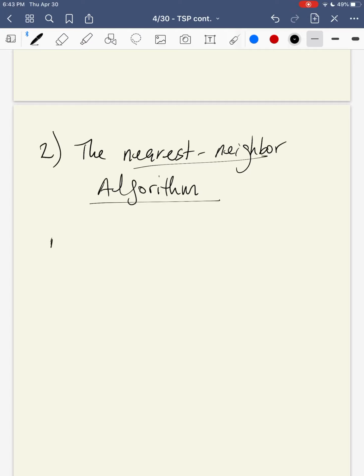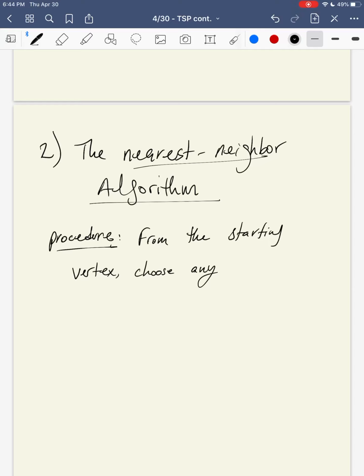So this one, the procedure: from the starting vertex, choose any neighbor. And from there, you're always going to choose the nearest neighbor. So, start at the designated vertex, and at each step, visit the nearest neighbor which is not yet visited.